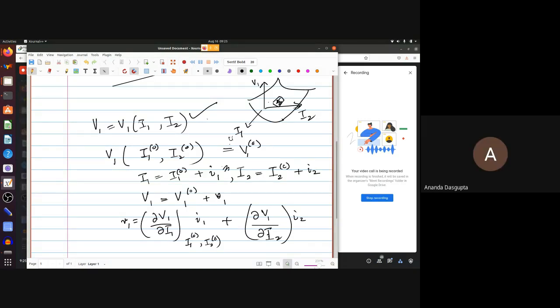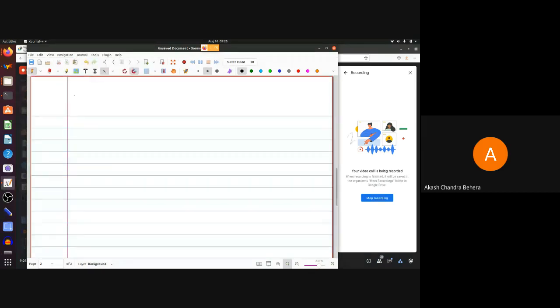Go ahead. So you said that this is actually a tangent plane which we are taking as an approximation for small i's. So yeah, sir, small I1, small I2, right? So I was actually thinking about it, sir. How would it help?